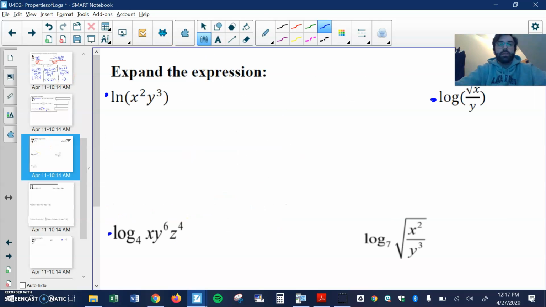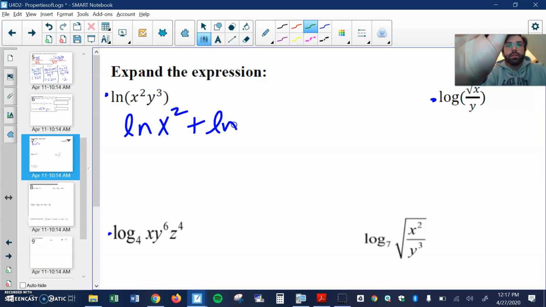So let's expand these. I have the natural log of x squared times y cubed. So I can expand that as the ln of x squared plus the ln of y to the third. Remember, if there's multiplication here, multiplication means addition.